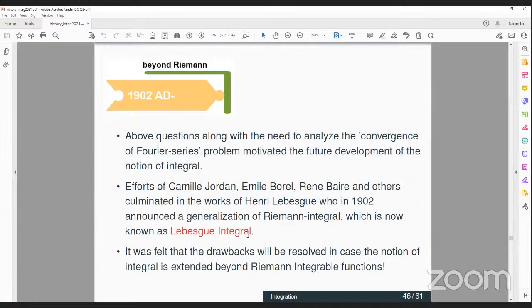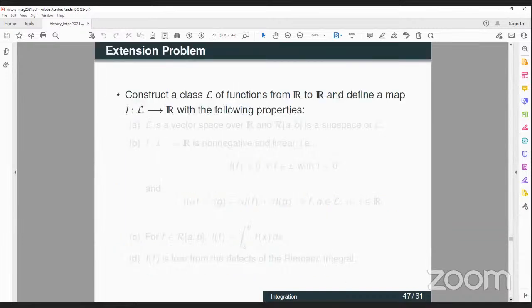The recipe for this integral is essentially that one should try to extend the notion of integral, because in the fundamental theorem of calculus, a function which is not continuous is only Riemann integrable, and Riemann integrable functions are all bounded. So one can extend the notion of integral so that the fundamental theorem of calculus remains true. That was the basic idea, and it was realized.